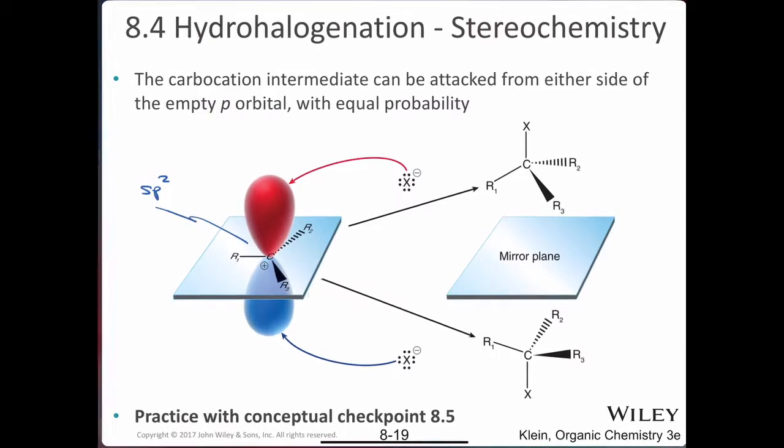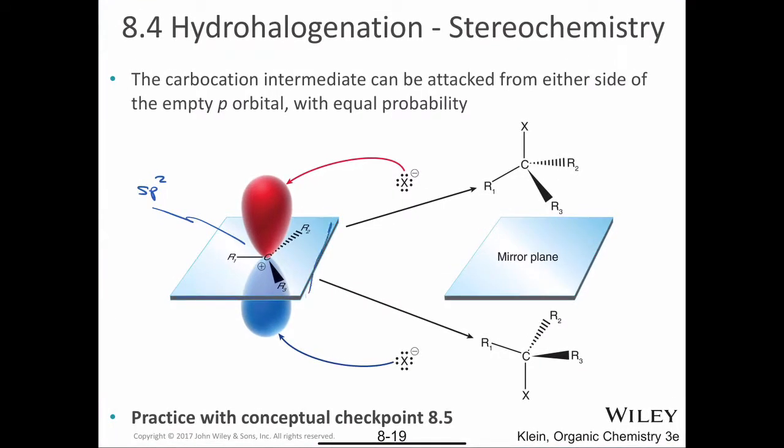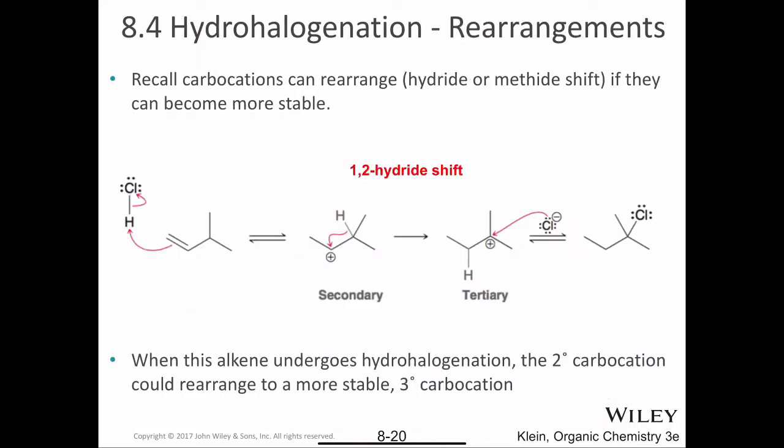So if it's planar, which is represented by this sort of plane here, that means that the nucleophile can attack from either face of the molecule. And this is why I end up with both enantiomers. So I get the product from attack on the top face of this molecule, and I get the product from attack on the bottom face of the molecule. So that's why we end up with a mixture of enantiomers.